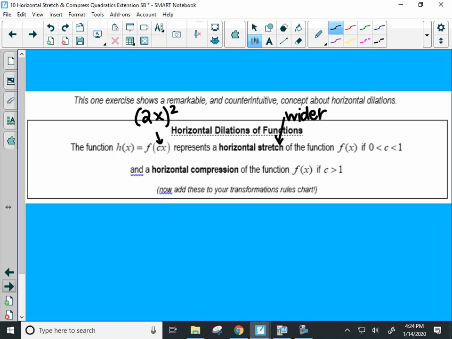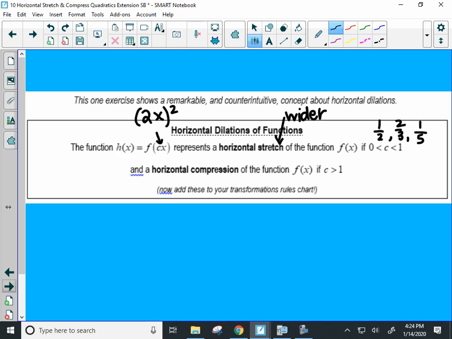So that means it is a fraction that's less than 1, something like 1/2, 2/3, 1/5, something like that would be a horizontal stretch, which seems a little bit odd.